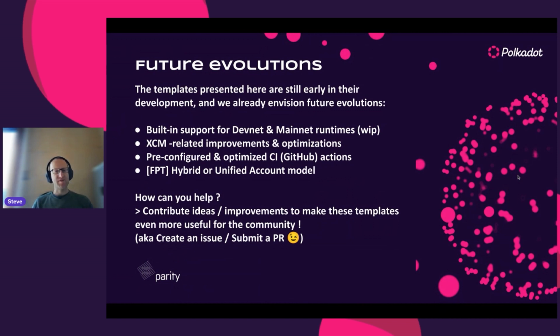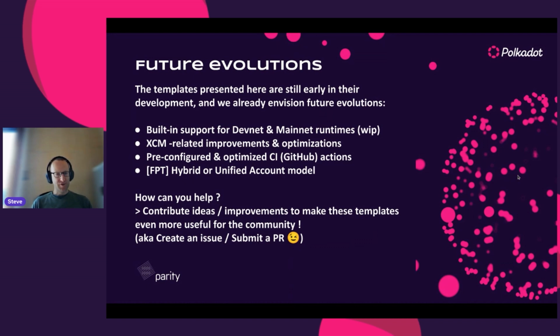Obviously, XCM is a very big topic, so we want to provide some XCM related improvements and optimizations within the runtimes on both templates. We also have some ready pre-configured continuous integration GitHub actions to check the code, run the tests, and verify that everything is compiling correctly before you merge code into the main branch.